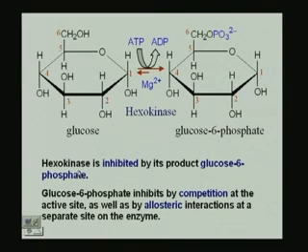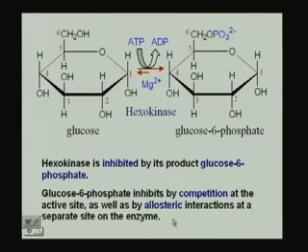Here, that is exactly what I was saying. Hexokinase is inhibited by its product glucose 6-phosphate, and the way it inhibits hexokinase is by competition at the active site as well as by allosteric interactions at a separate site on the enzyme.